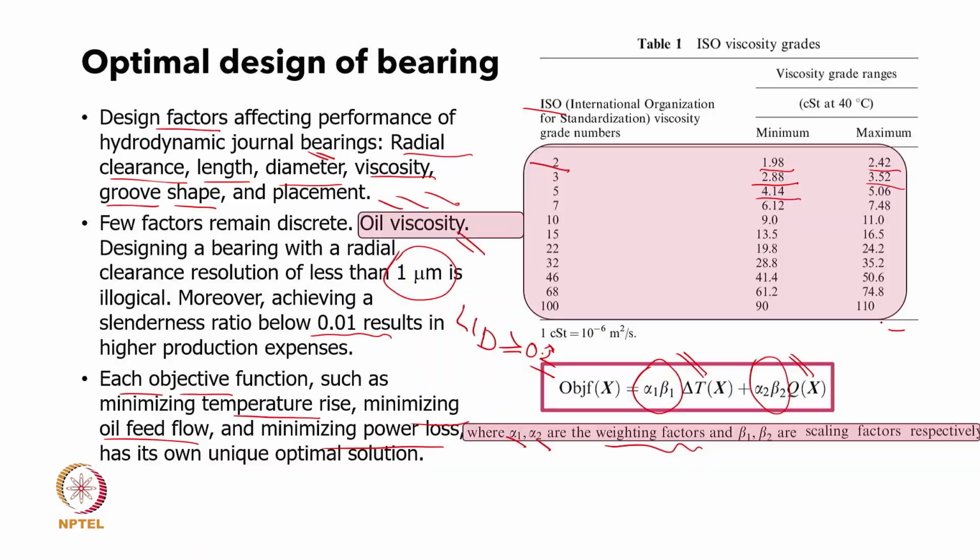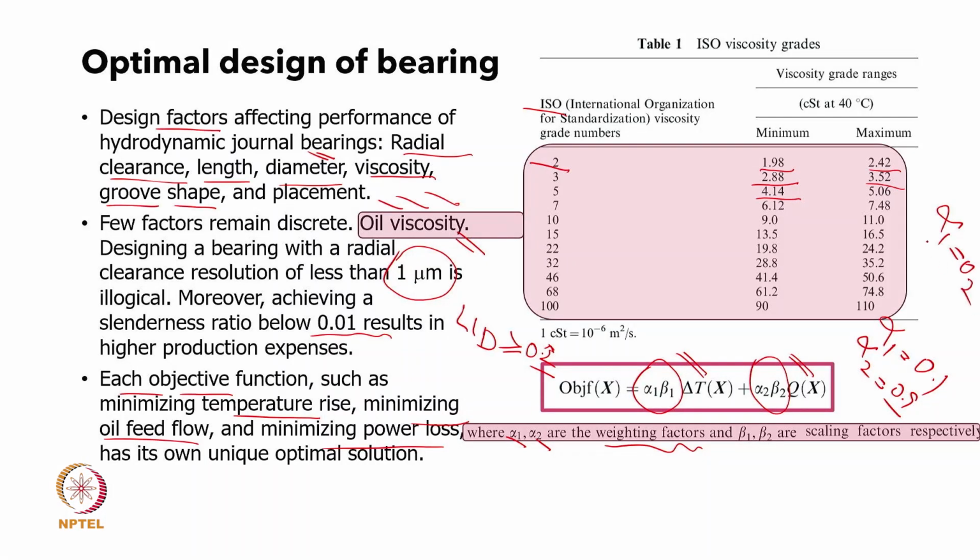So in this case, if alpha 1 is 0.1, naturally alpha 2 will turn out to be 0.9. Or if alpha 1 is 0.2, then alpha 2 will be 0.8. Or maybe sometimes we say alpha 1 is 0.5, naturally alpha 2 will turn out to be 0.5. So this is just a summation of this.